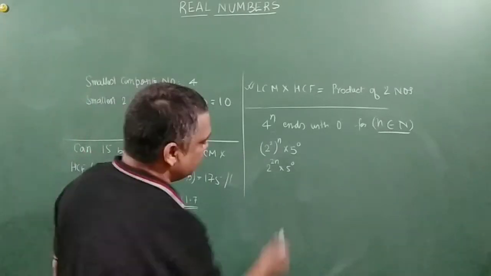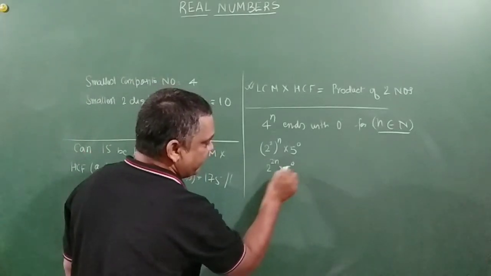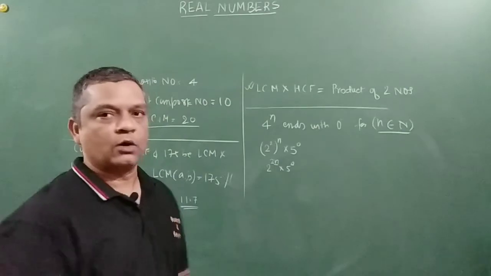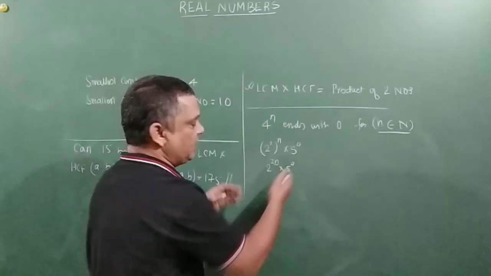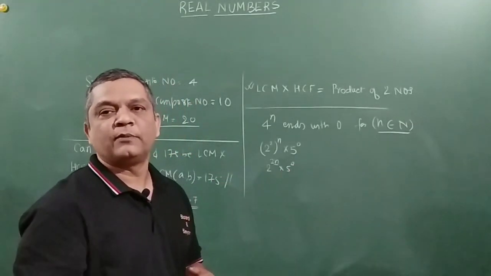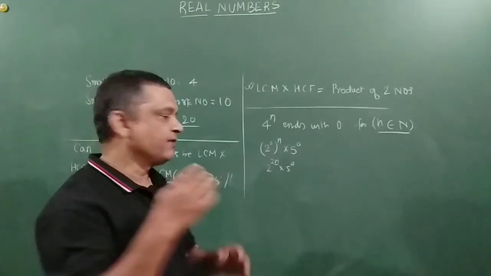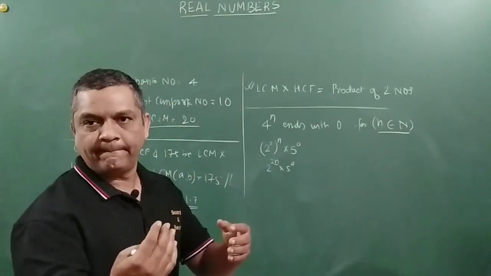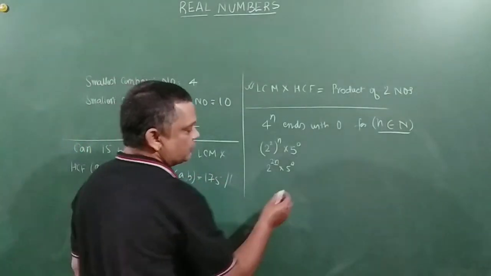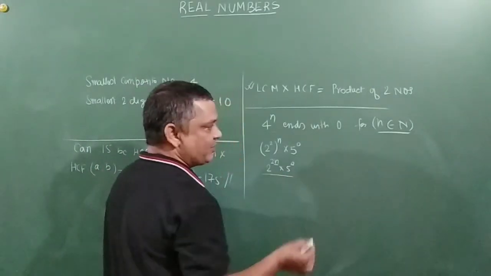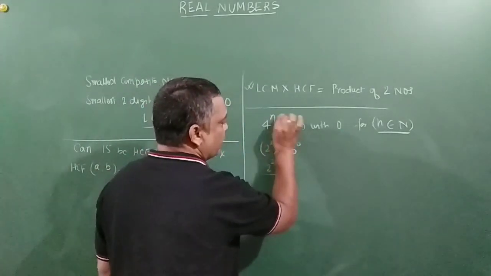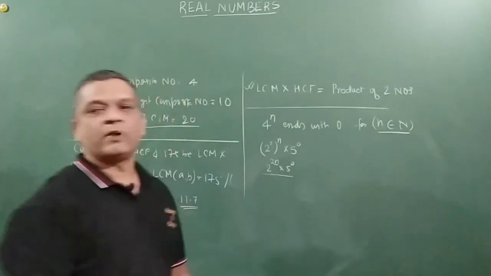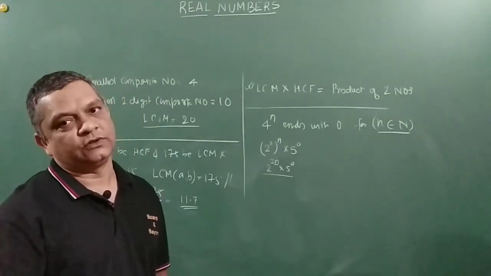Right? So see here, the power of 5 and power of 2 are not the same, and we will not be able to express it in the form of 2 raised to power n and 5 raised to power m. Hence, for no natural number will 4 raised to power n end with 0.